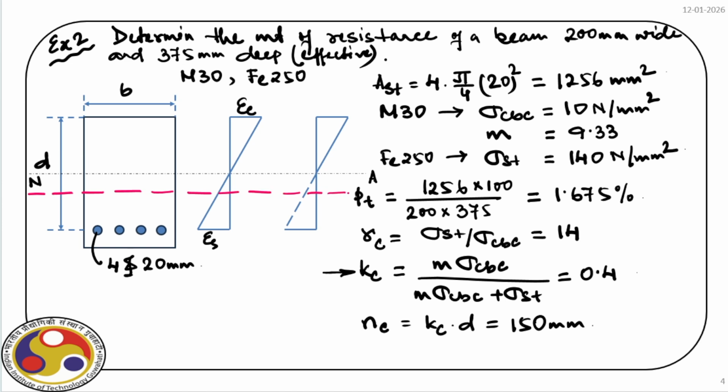Compared to the critical value of the neutral axis, this is critical. Then our conclusion is this section is an over reinforced section.